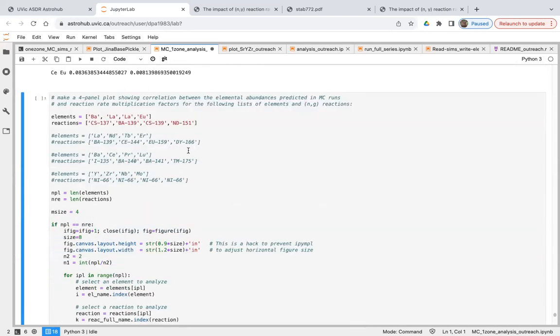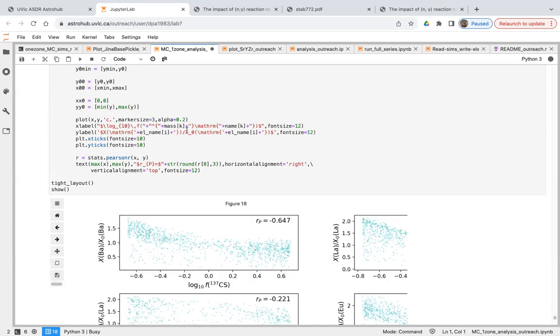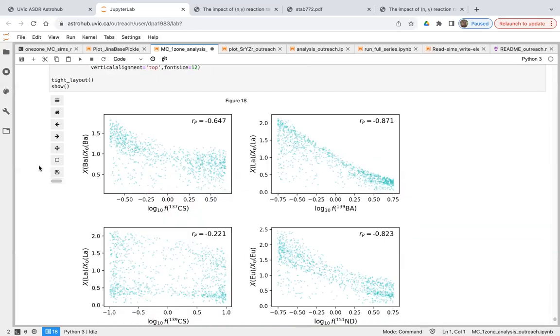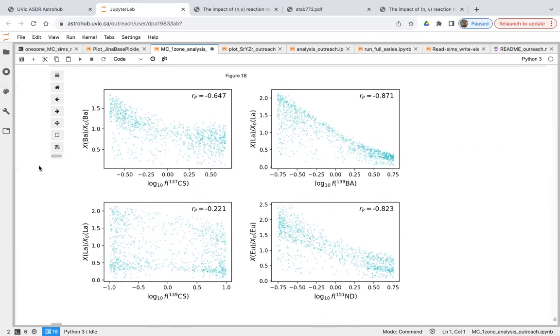Okay. And here we can make a 4-panel plot showing correlation between the elemental abundances predicted in Monte Carlo runs and the reaction rate multiplication factors. So these are correlations plotted here.